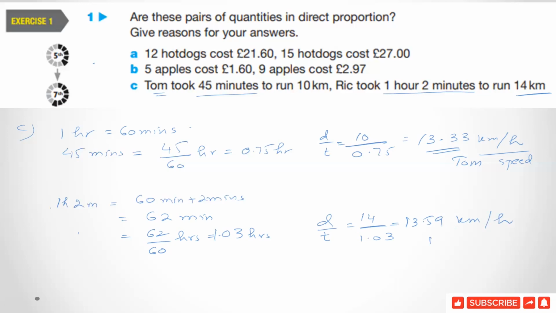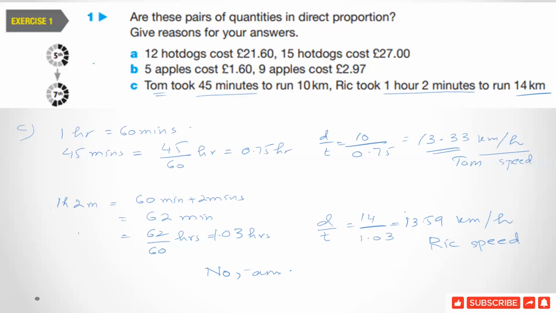So Rick's speed is different than Tom's speed. That shows that the data is not in direct proportion. So that's it. This is your answer.